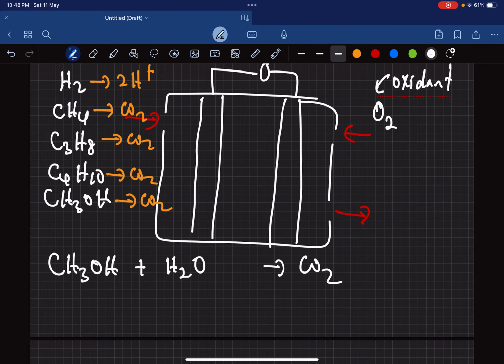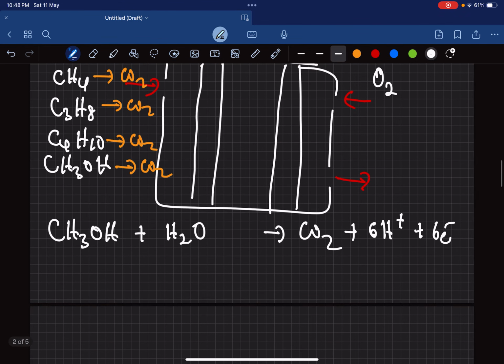Then I'm going to add hydrogen ions on this side to balance the hydrogen. There is 2 here and 4 here, so there are 6 hydrogen ions. Then I add 6 electrons to balance the charge. This is the oxidation half equation.